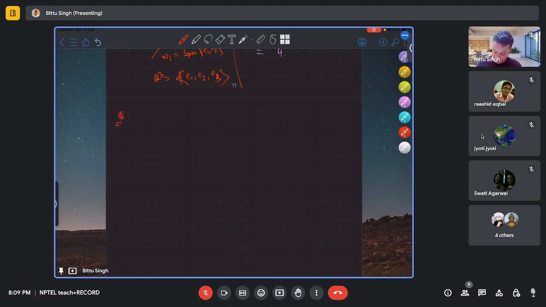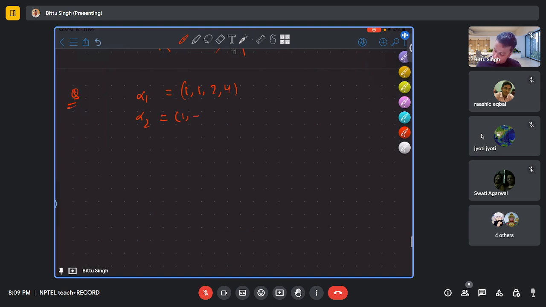Question. Given 4 vectors, alpha 1 is (1, 1, 2, 4), alpha 2 is (1, -1, -4, 0), alpha 3 is (2, -1, -5, 2), and alpha 4 is (2, 1, 1, 6).